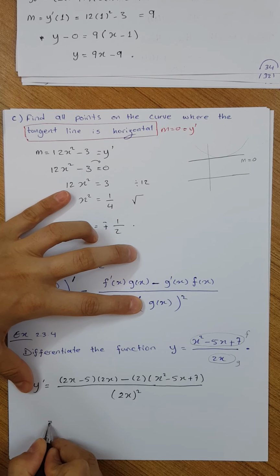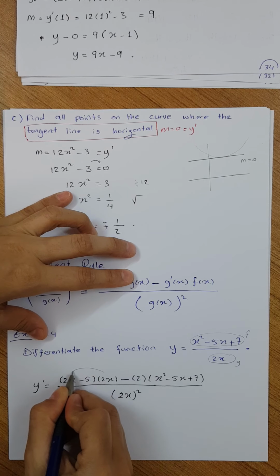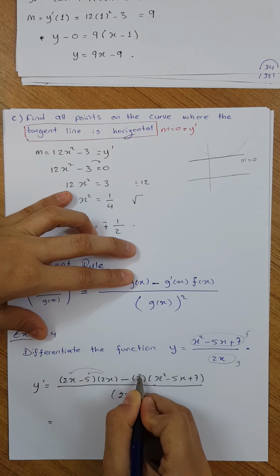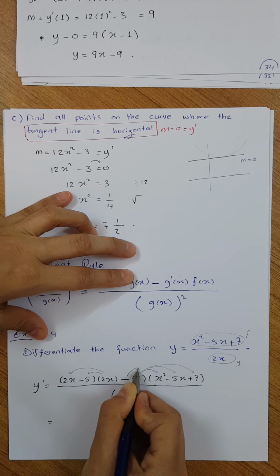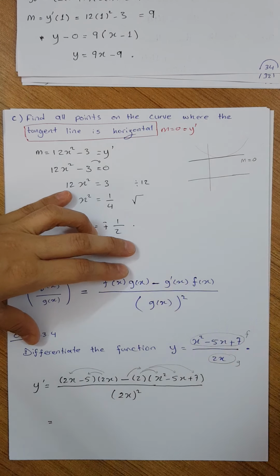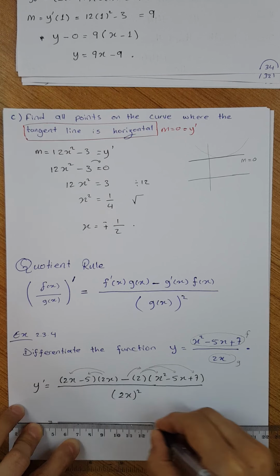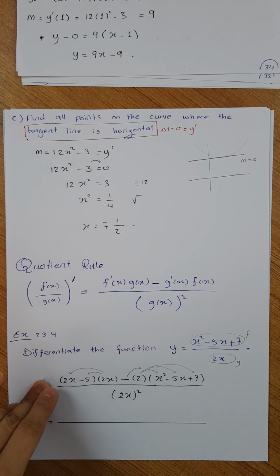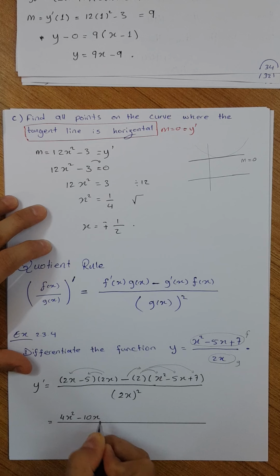Let's try to simplify this one a little bit. So this 2x is multiplied to that 2x and this 5, and 2 is multiplied to this and that, of course with the negative. So 2x multiplied to 2x, that's equal to 4x squared. 2x multiplied to minus 5, that's minus 10x.